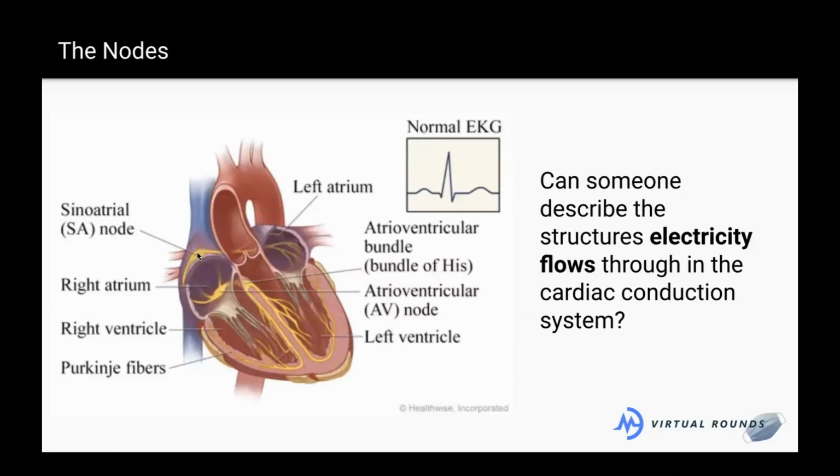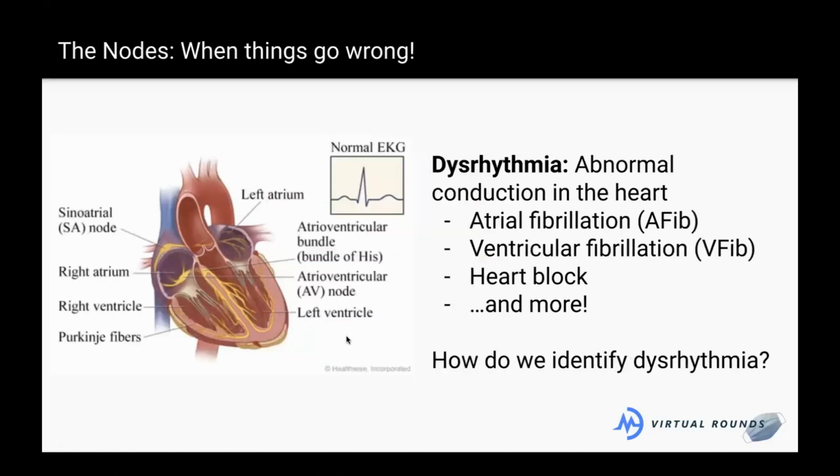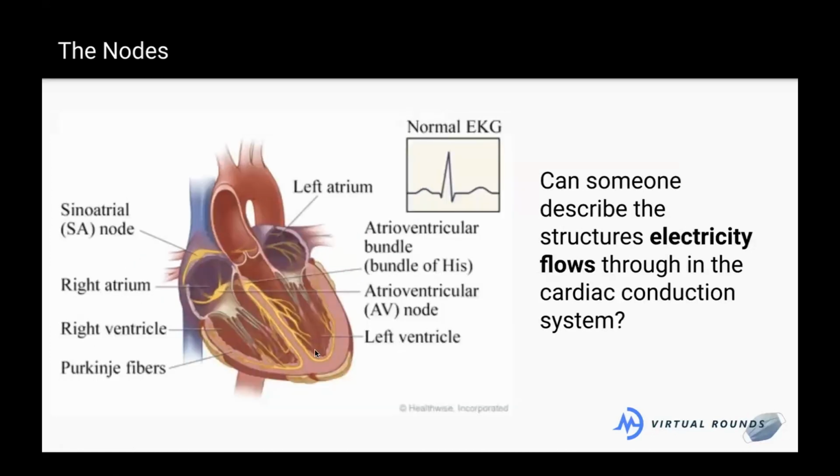So the conduction starts here, we get a little zap, and then it travels down the atria here to reach the SA node, and then it will come down these Purkinje fibers, down the bundle of His here. This is the bundle of His, and then up through these little Purkinje fibers.